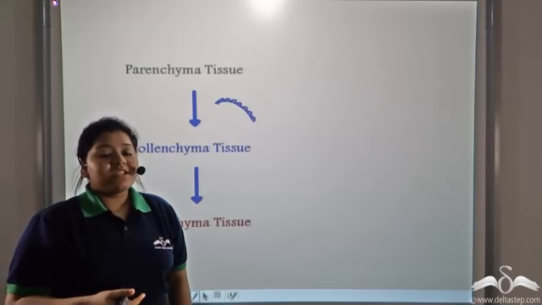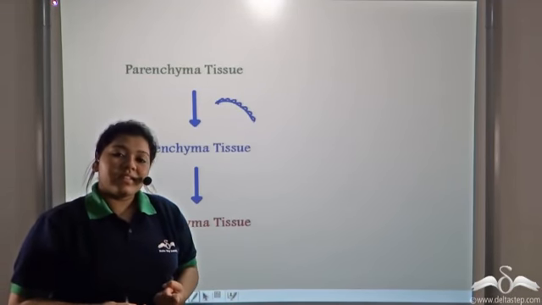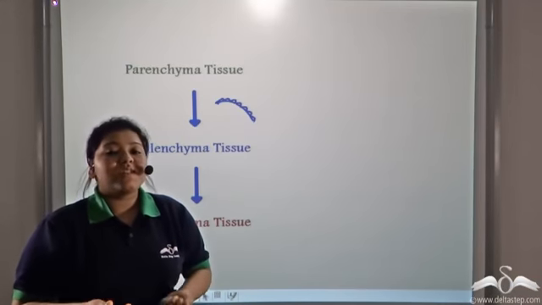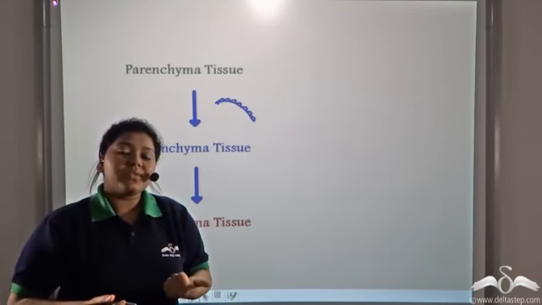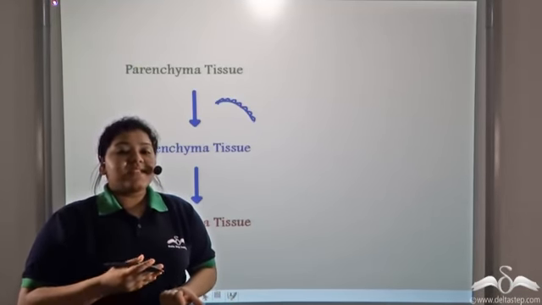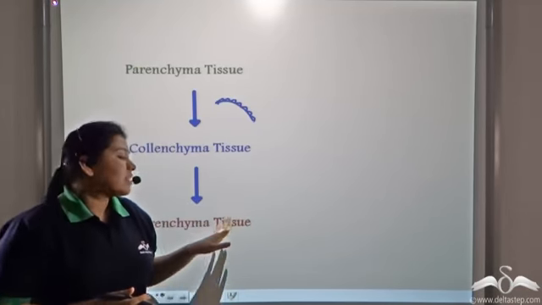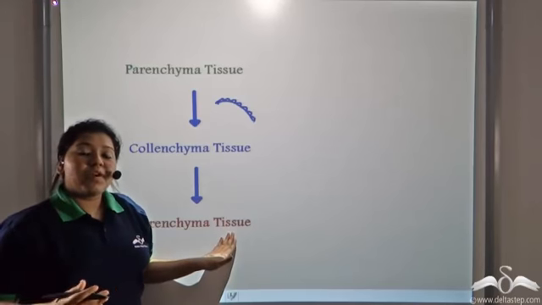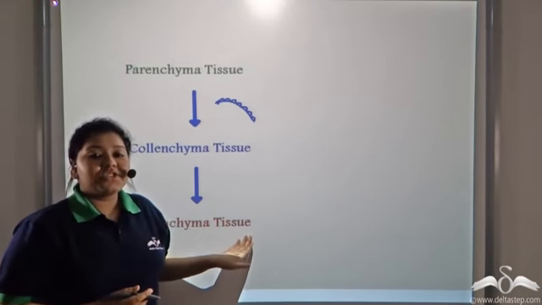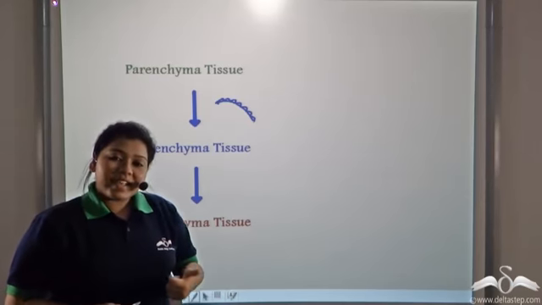Now collenchyma tissue is a living tissue, but with time all cells die. So when collenchyma cells die, they form sclerenchyma cells, which form the sclerenchyma tissue. So the sclerenchyma tissue consists of dead cells.